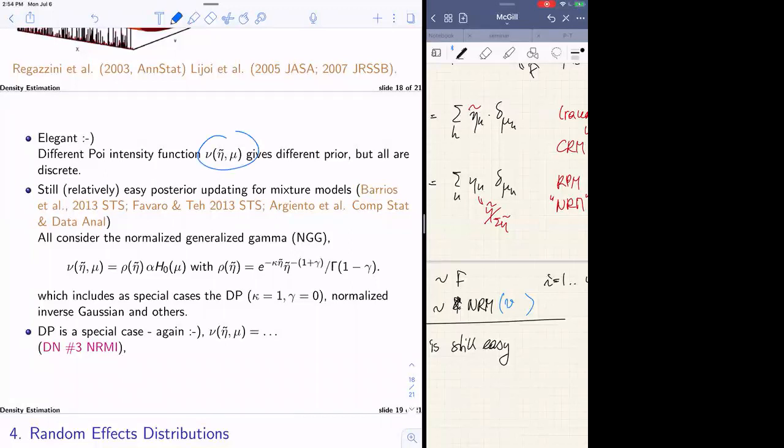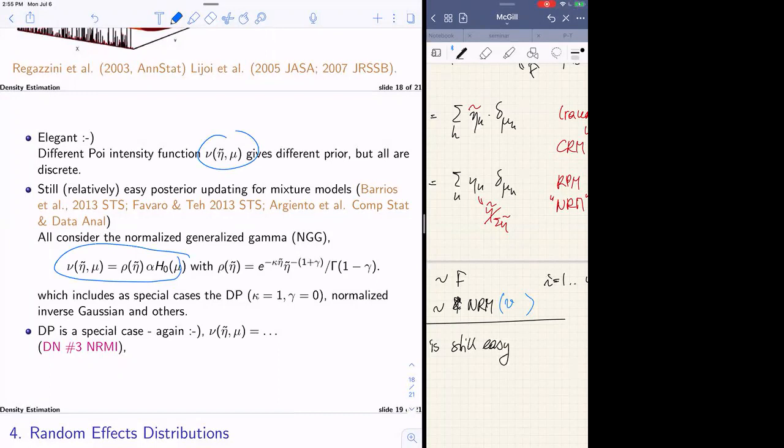And let me just point out, usually you don't use the whole generality of the machine. A common restriction is to assume that the Poisson intensity factors into a factor in eta tilde and a factor in mu. You usually assume it factors like this.